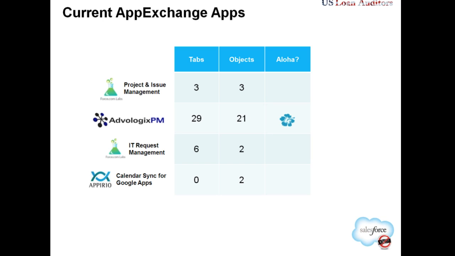So in the testing, of course, I always have to look at the tab count because I'm always hitting up against it. With the current tabs of the project management, the IT request management in there, I already knew I had 9 tabs I was taking up. And I freaked out when they told me it had over 20 tabs.